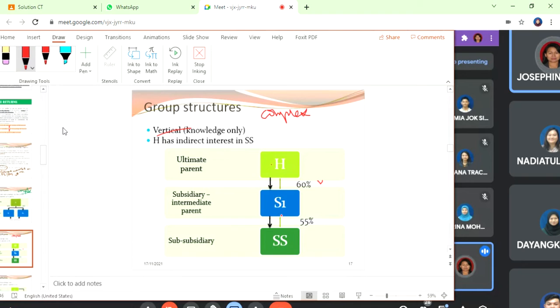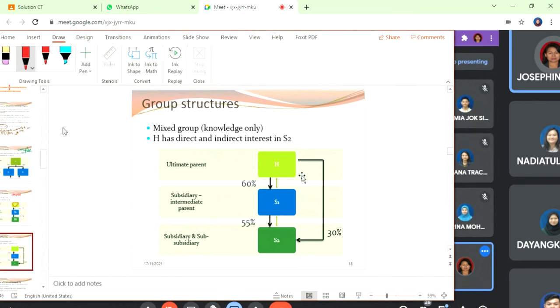This subsidiary also has another small subsidiary, and it also has control over this subsidiary. So we have the subsidiary, we have the intermediate parent, and we have the ultimate parent. Who does the consolidation? The ultimate parent. So we call this vertical group structure.